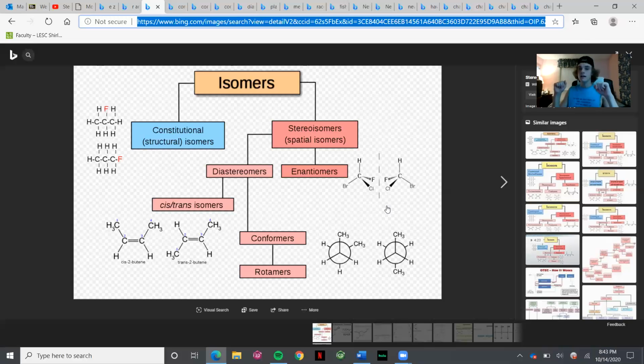Now, enantiomers can have the same physical properties, but diastereomers can have drastically different chemical and physical properties. For example, thalidomide. You can have the left-handed and the right-handed version of thalidomide. In the 60s, it was used as a drug for pregnant women with morning sickness to prevent it, and it got passed in Europe.